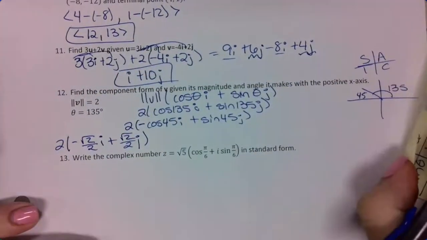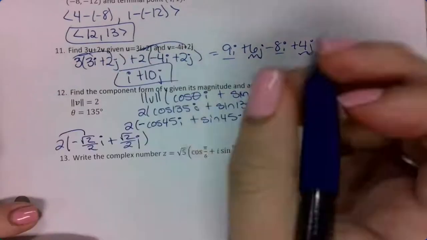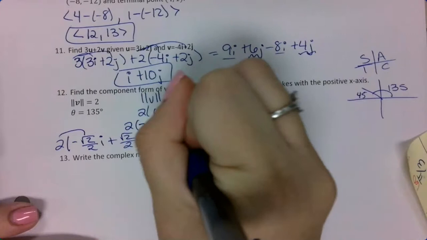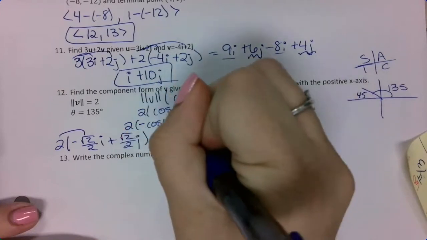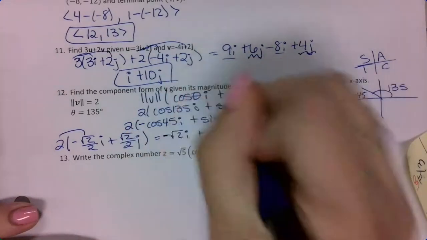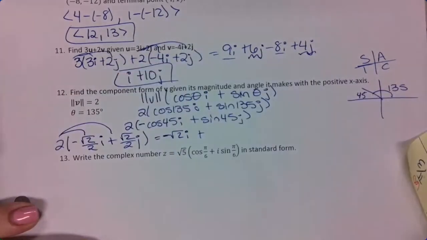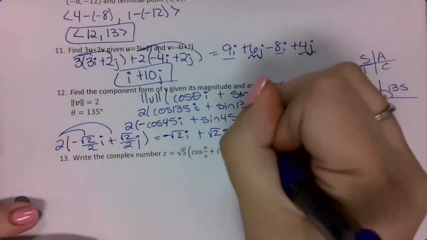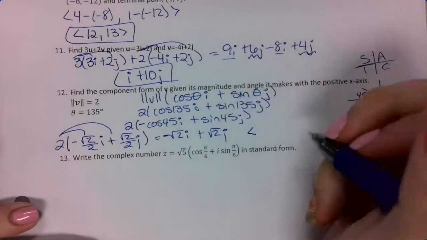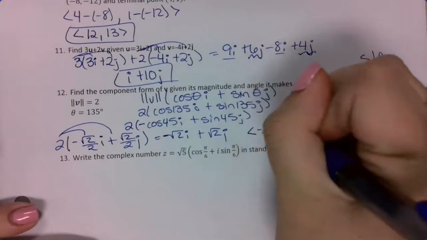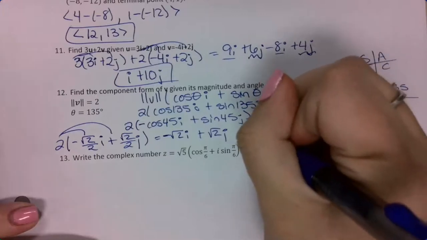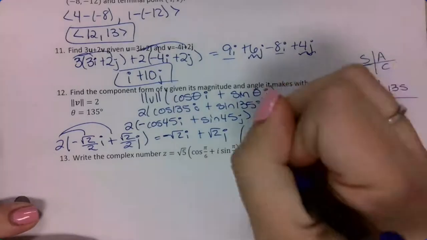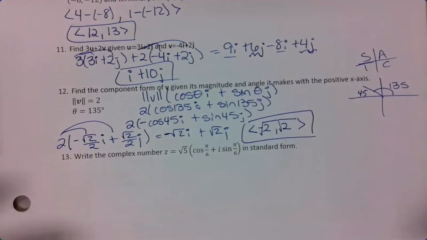I want to distribute that 2 in. 2 times negative square root of 2 over 2 is just negative square root of 2 times i. 2 times the square root of 2 over 2 j is just the square root of 2 j. So as a component, this is with the funny brackets. Oops, these are square roots. Negative square root of 2, square root of 2. When I have it with the brackets, I don't write the letters.